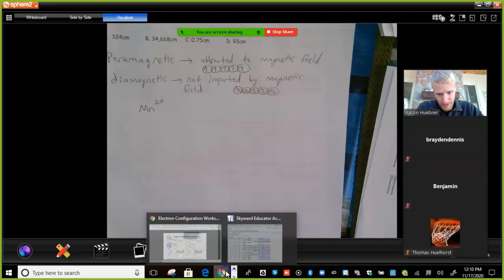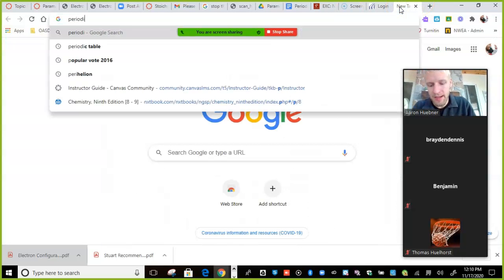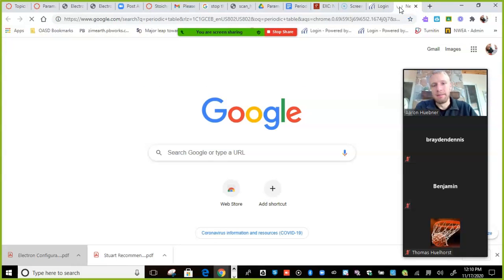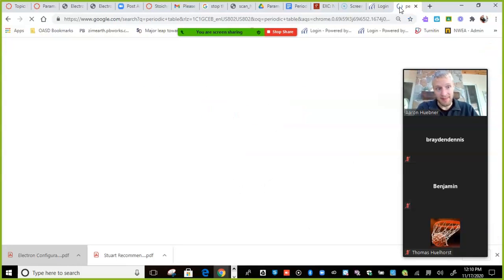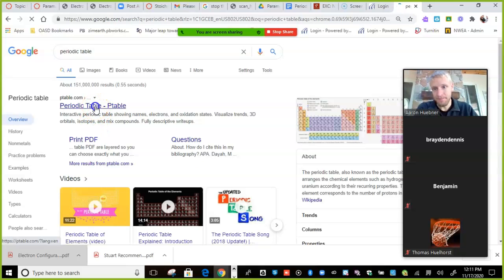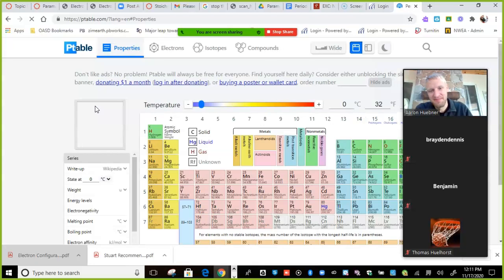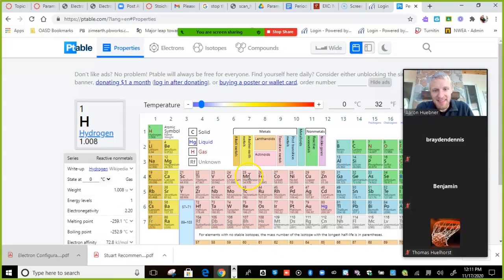So now we've got to figure out where manganese is on the periodic table. It's somewhere in the 3d area. All right, manganese looks like it's number 25.